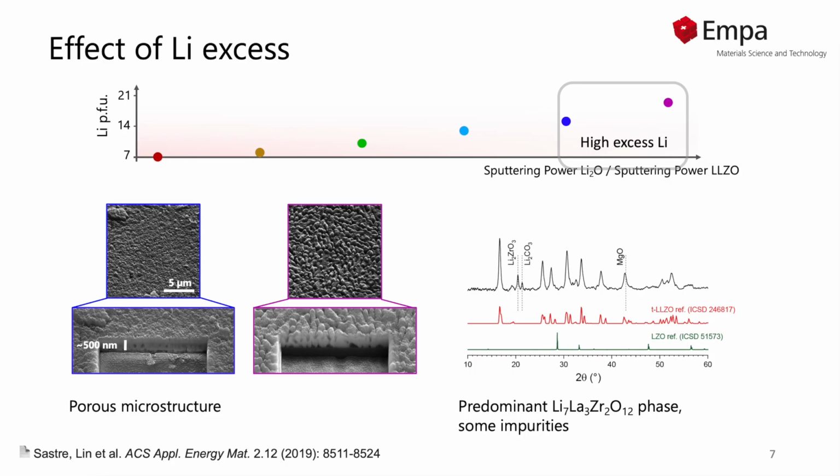We have this impurity phase due to the lack of lithium. If we go to the other end, if we incorporate a massive amount of excess lithium, what we see is that the morphology is severely affected by the evaporation of lithium during processing, even though the crystallinity is pure LLZO. Therefore, this tells us that the lithium excess is a key parameter in the processing of LLZO films.